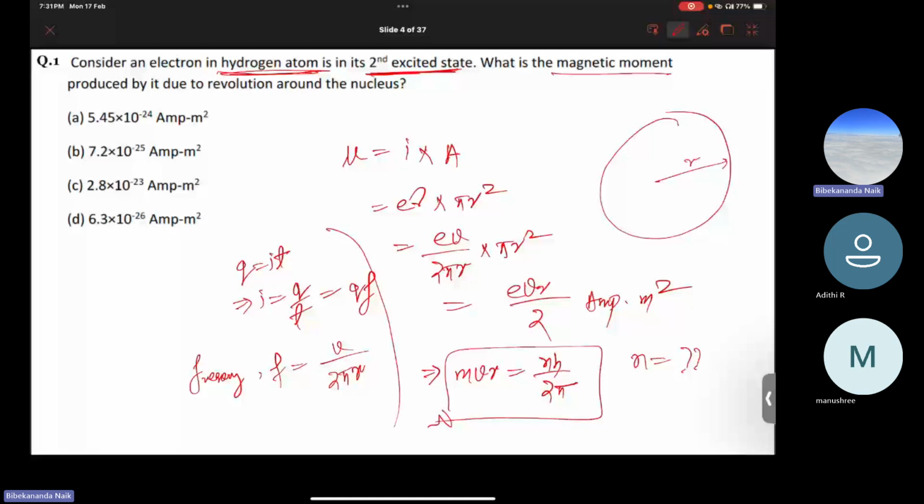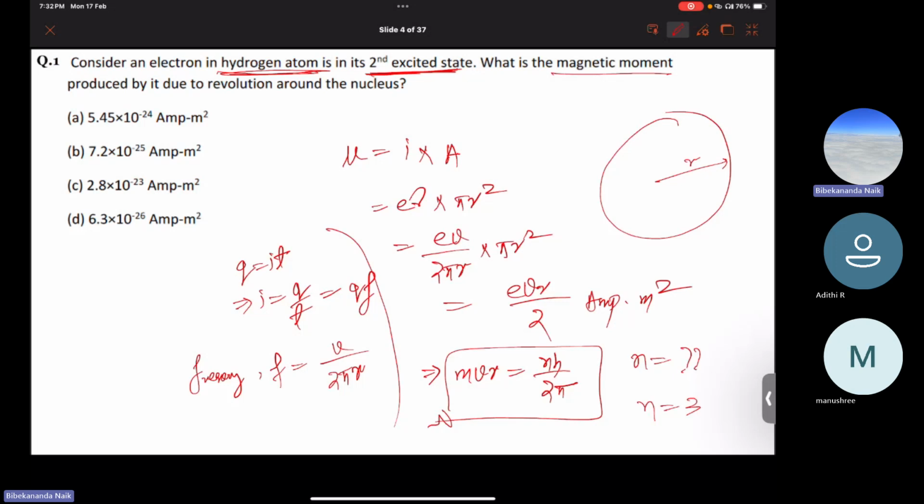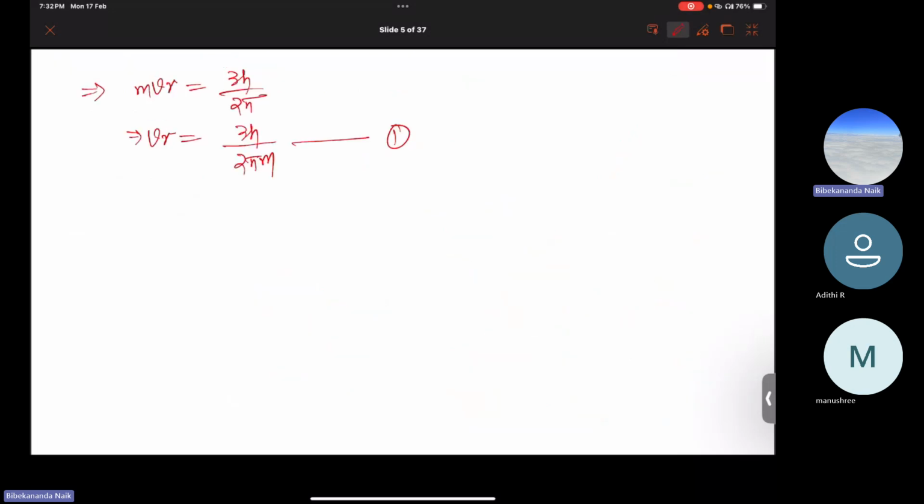Now if you put the value of n, then we will get mvr equals 3h by 2 pi, or vr equals 3h by 2 pi m. So this is one equation. Now here we had the value of magnetic moment e v r by 2.